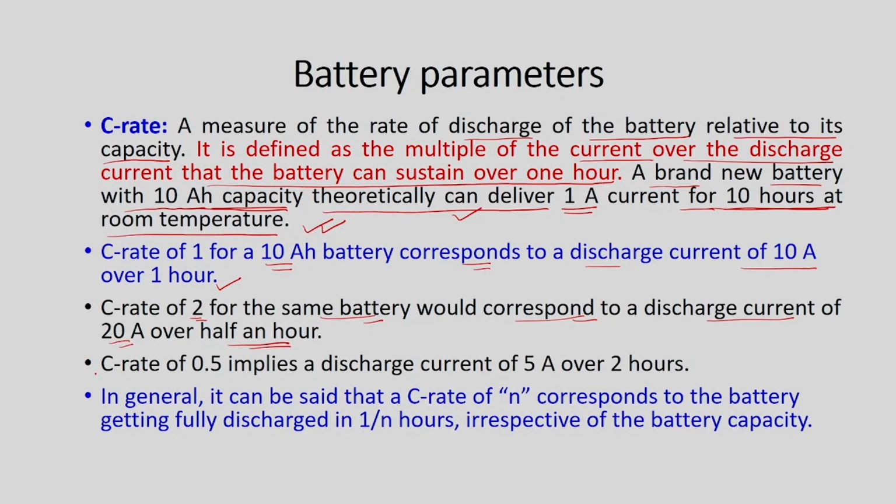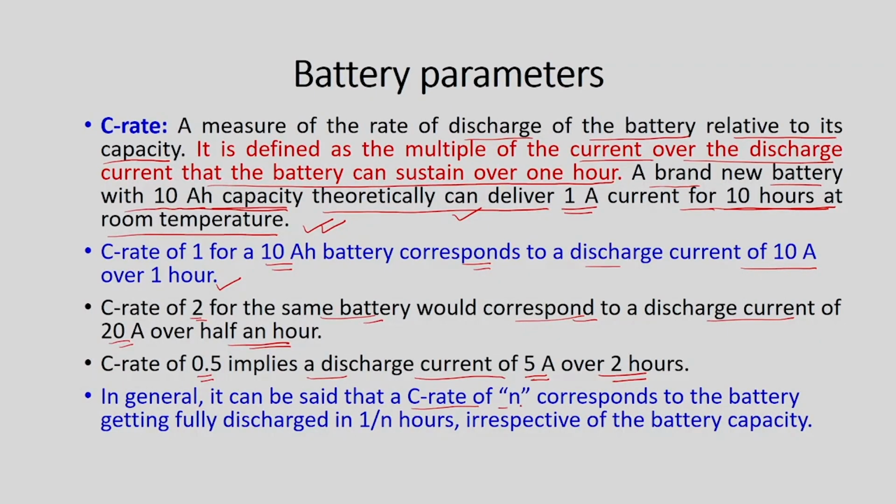And one more example, a C rate of 0.5 implies a discharge current of 5 ampere over 2 hours. In general, it can be said that a C rate of n corresponds to the battery getting fully discharged in 1 by n hours, irrespective of the battery capacity. This we should keep in mind, and this example will be very helpful to understand how C rate is defined.